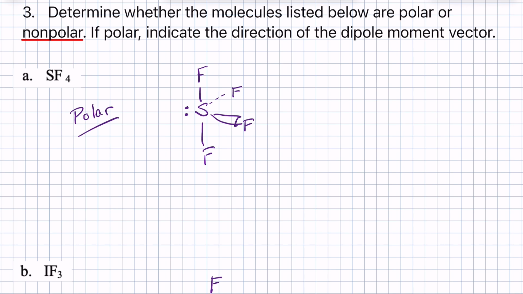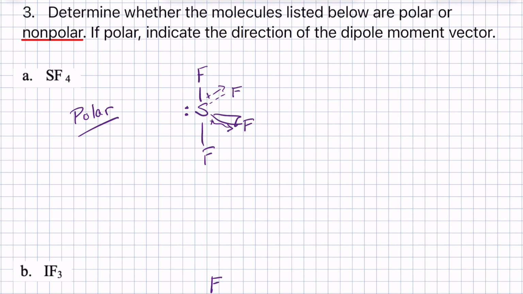Now the question is, what's the direction of the dipole moment vector? Fluorine is the most electronegative atom in the periodic table. So each of the bond dipoles is going to be toward the fluorines, and I won't draw them all here, but they're going to be that way.